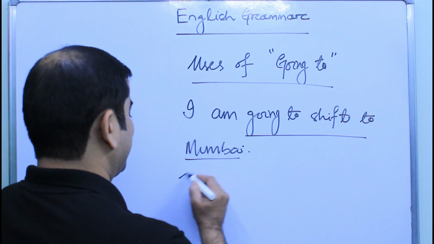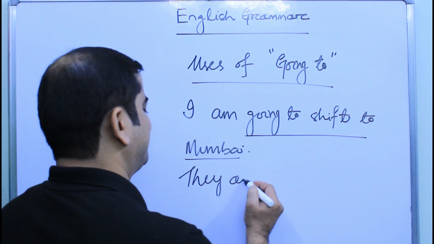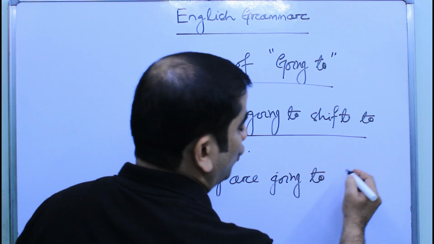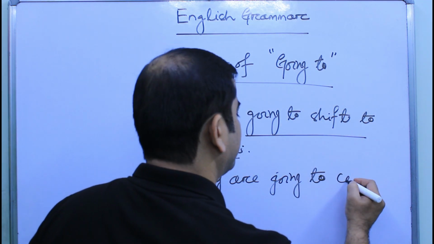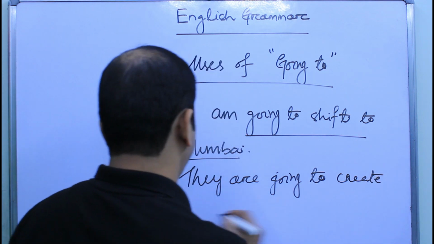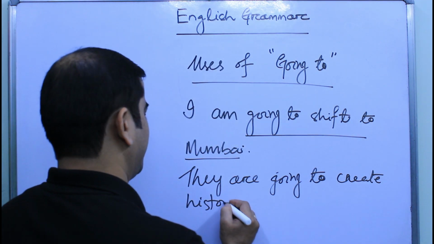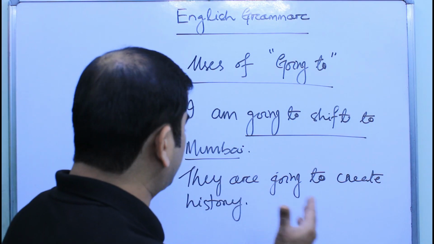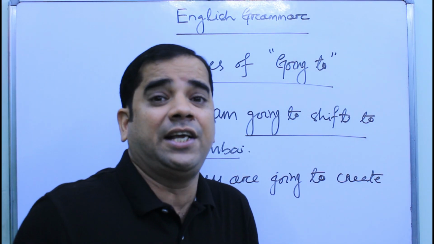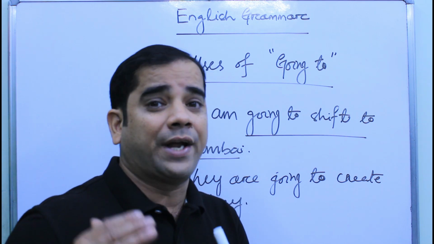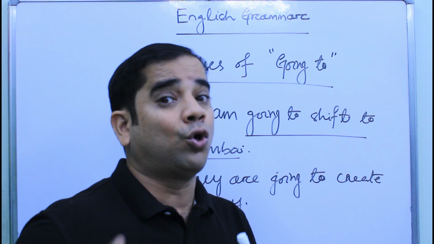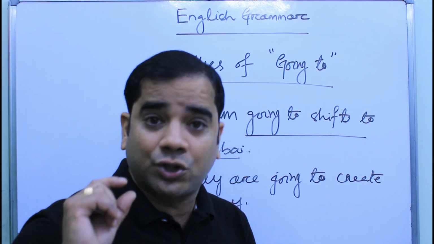Okay. They are going to create history. See, so in this sentence they are going to create history. Creating history is not a joke. Okay, you can put your name in the history by doing something great. So the intentions should be that strong.